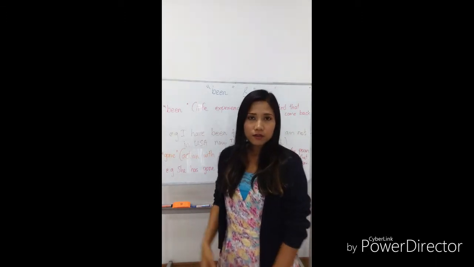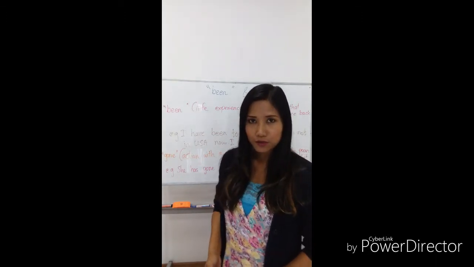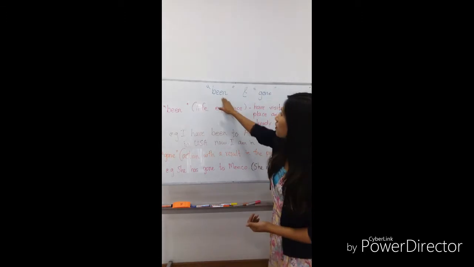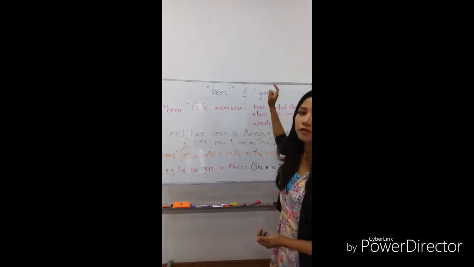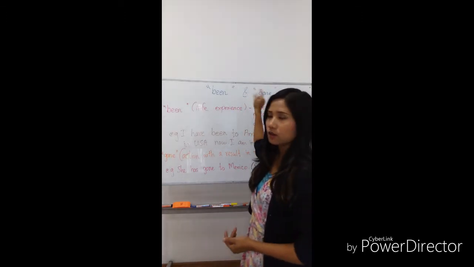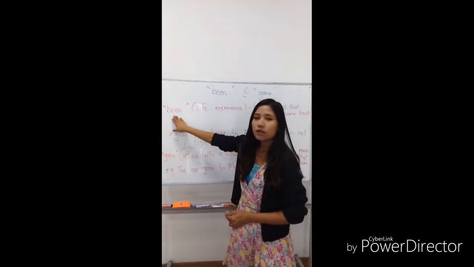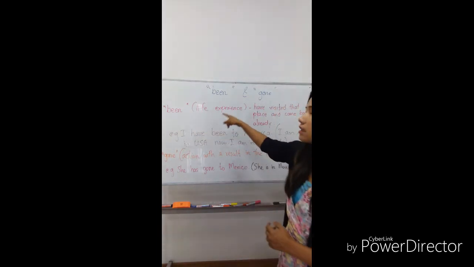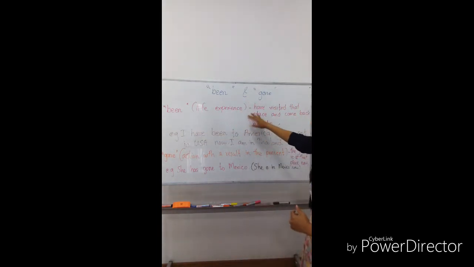Okay, now let's talk about something that many students get confused: the usage of been and gone. When you use been, it's life experience. You have visited that place and you come back already.